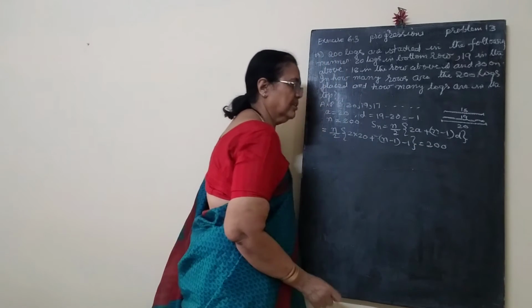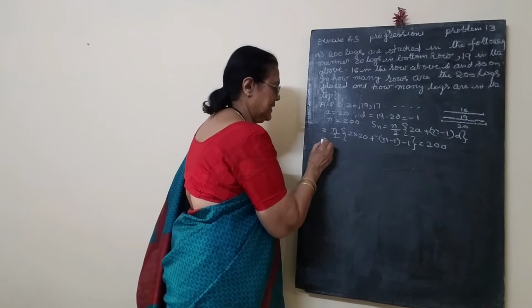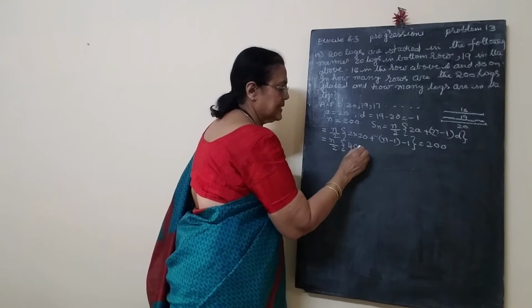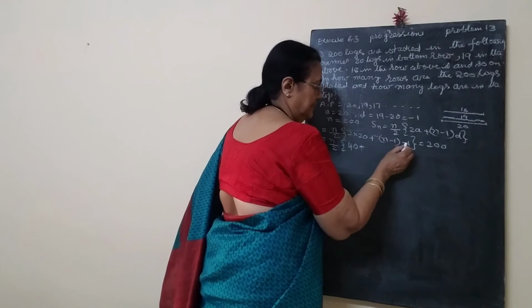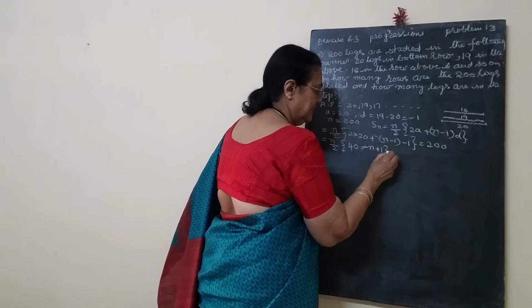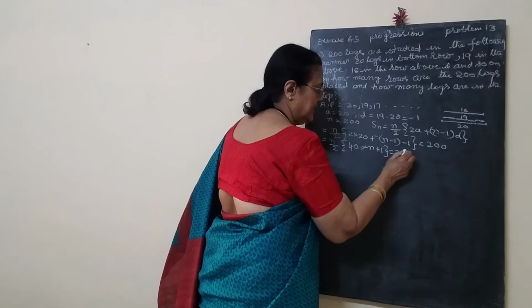Total number of logs we know. So n by 2 into 40 minus n plus 1 is equal to 200.